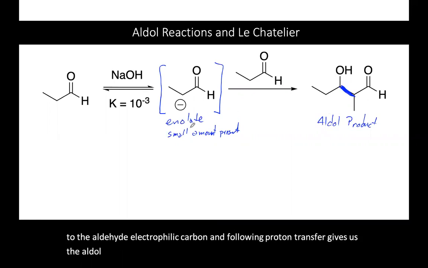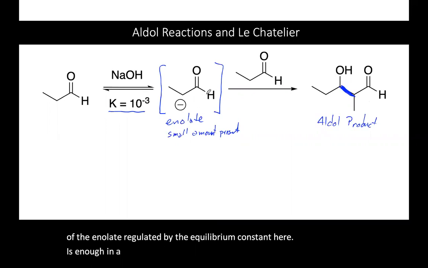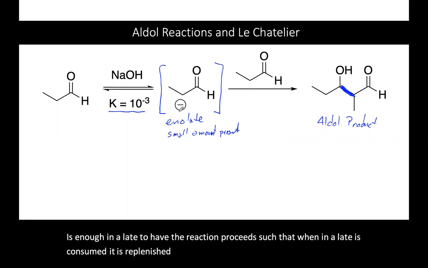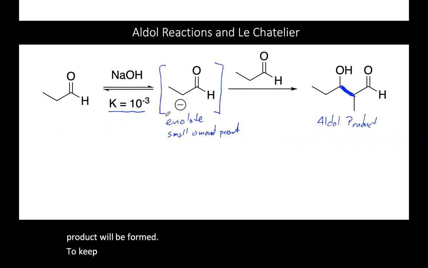What this means is that even the small amount present of the enolate, regulated by the equilibrium constant here, is enough enolate to have the reaction proceed such that when enolate is consumed, it is replenished through this equilibrium. So Le Chatelier says that if we remove a product of an equilibrium event, more of that product will be formed to keep the balance based on the equilibrium constant.